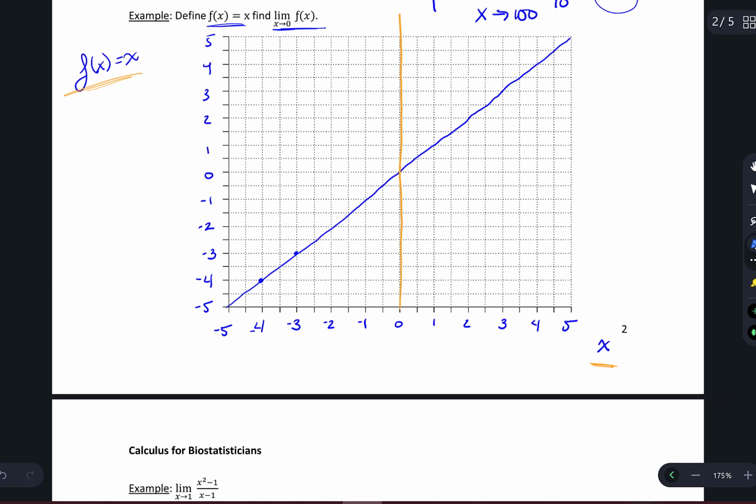In other words, what is the value of this function as we move this way and as we move this way? We can see as we get closer and closer coming up from the left, and closer and closer coming up from the right, we are approaching the value 0.